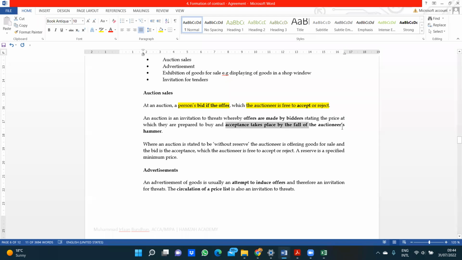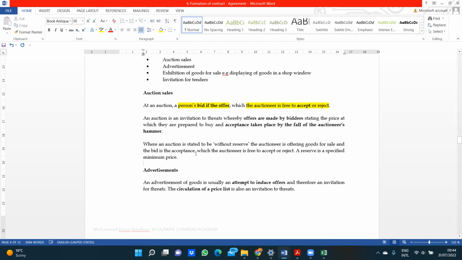Acceptance takes place at the fall of the auctioneer's hammer. This is acceptance, when the auctioneer agrees to sell and accepts the bid, usually the highest bid price. When it falls under the auctioneer's hammer, then you know that acceptance has taken place and the contract has been agreed.